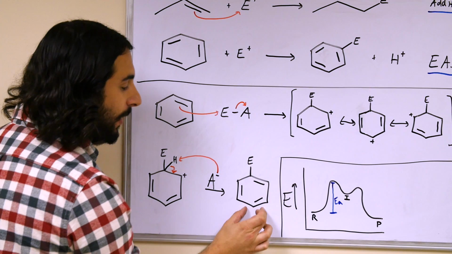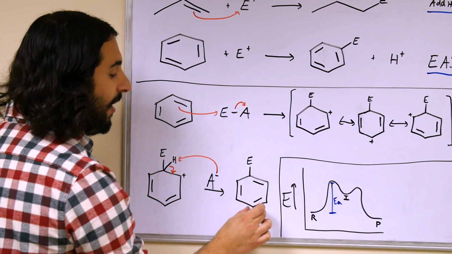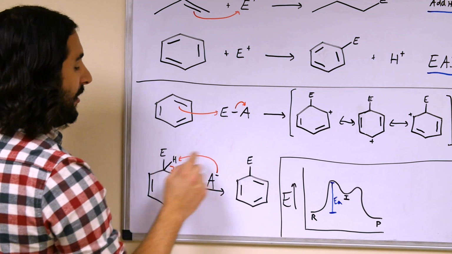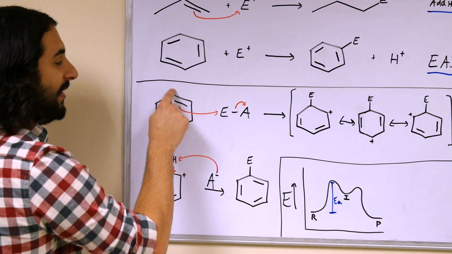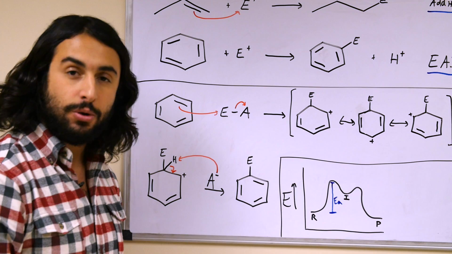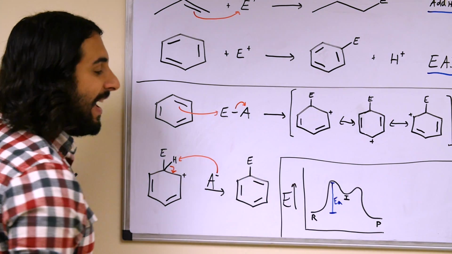We have our benzene ring back, we have the three pi bonds fully conjugated, and so this is going to be a very stable system, just as benzene was to begin with, but there's been a substitution where a hydrogen once was, there is now a new electrophile, so that's why we call it a substitution reaction. And so this is the generalized pathway for an EAS reaction.